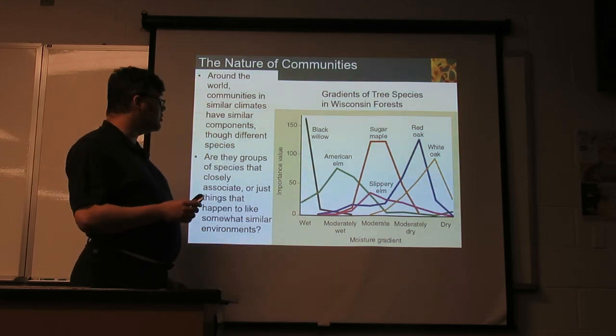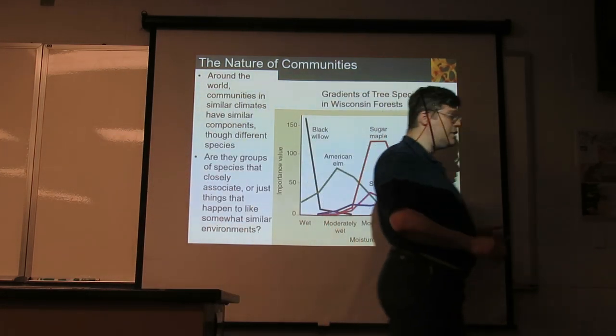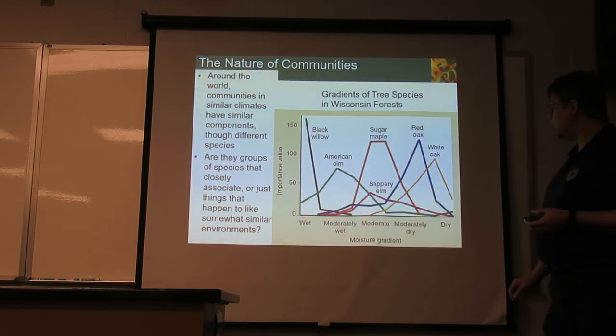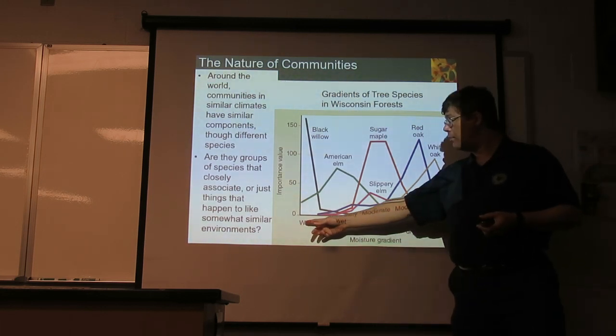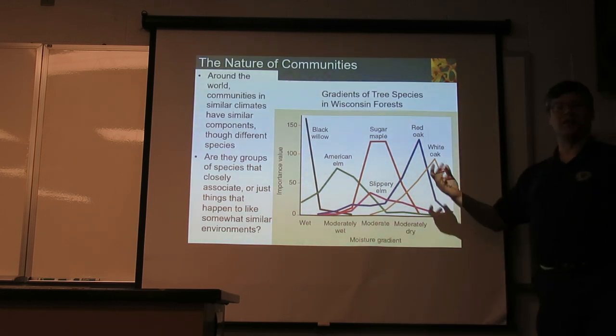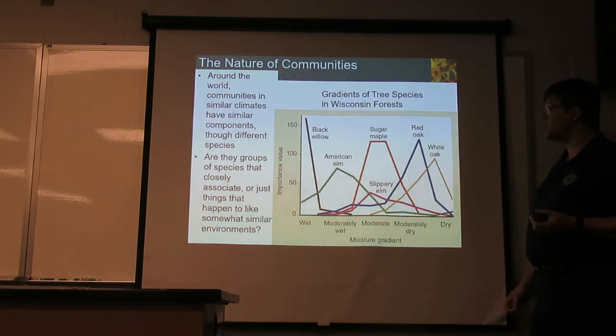its own particular specialization. This is an example looking at major tree species in forests in Wisconsin, and going from very wet areas to very dry areas. By Wisconsin standards, they don't have deserts there, but there are drier and wetter places.